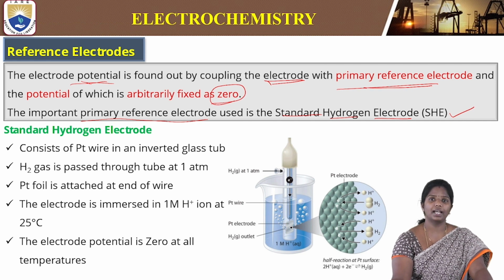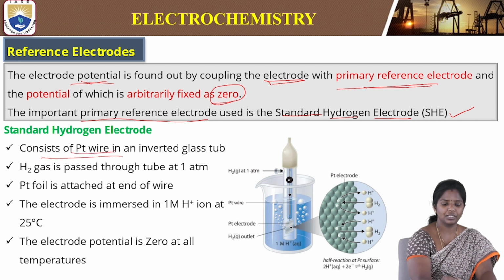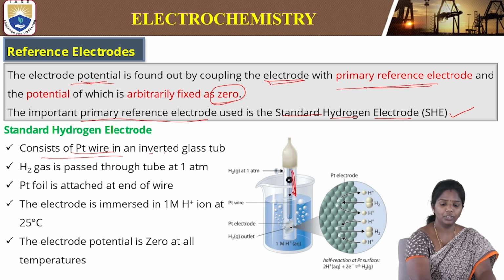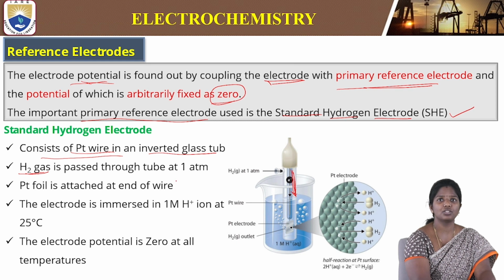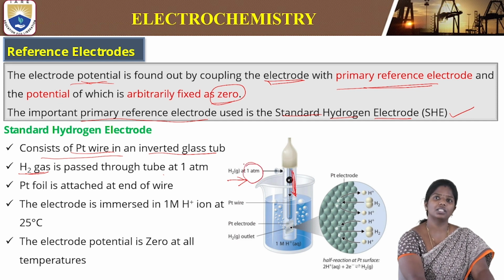So what does a standard hydrogen electrode consist of? It consists of a platinum wire. Here we can see the platinum wire inside the inverted glass tube. Hydrogen gas is passed through this glass tube at 1 atmospheric pressure, which is standard condition. Then a platinum foil is attached to the end of this wire.